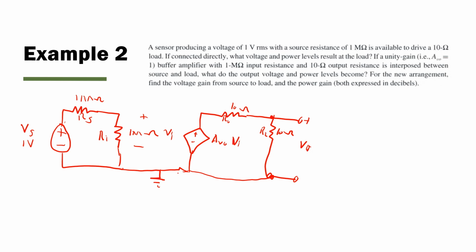Now let's figure out the output voltage. Well, in order to figure out the output voltage, I need to figure out the voltage supplied by this amplifier. I had already stated that AVO is equal to 1, so I just need to know what my input voltage is, which is over here. You can see that the input voltage will be equal to the voltage source times the input resistance divided by the series combination of the input resistance and the source resistance.